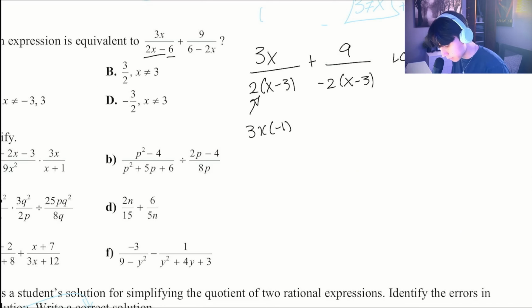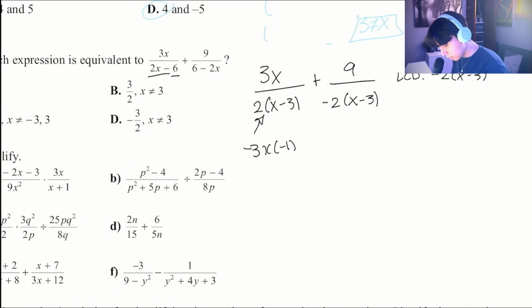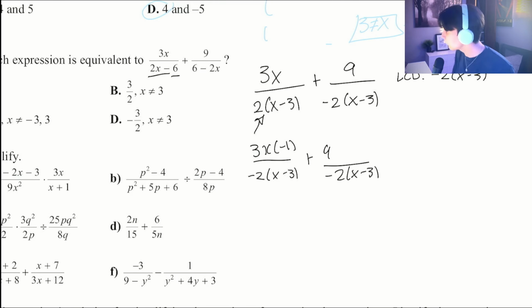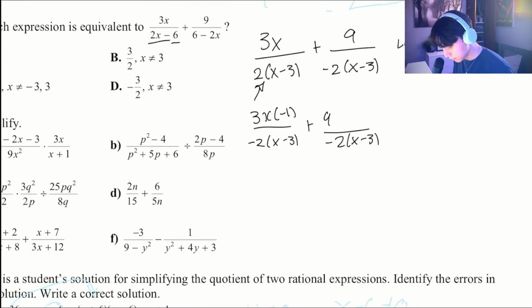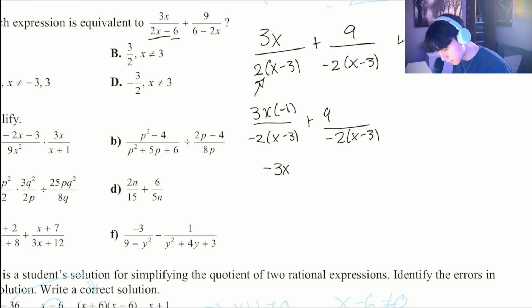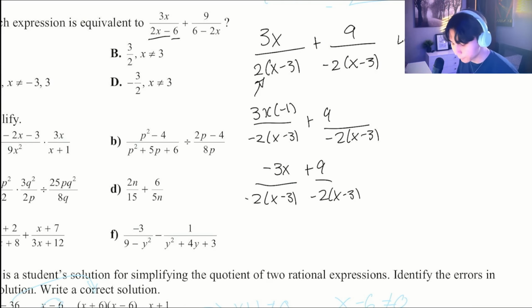So negative 1 over negative 2 x minus 3, 9 over negative 2 x minus 3. Effectively, what this turns into is negative 3x plus 9 over negative 2 x minus 3. Okay, cool.